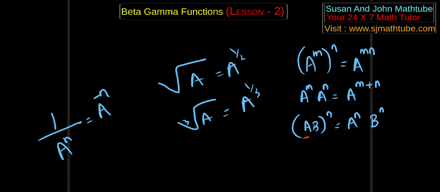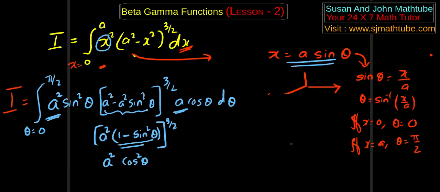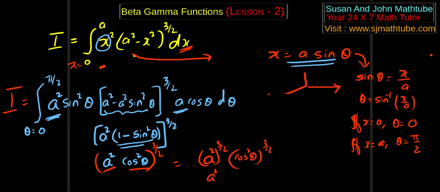A, B, two different quantities, the same power. It can be split. So we get a square the whole power 3 by 2, cos square theta the whole power 3 by 2. So basically we end up with a cube cos cube theta.